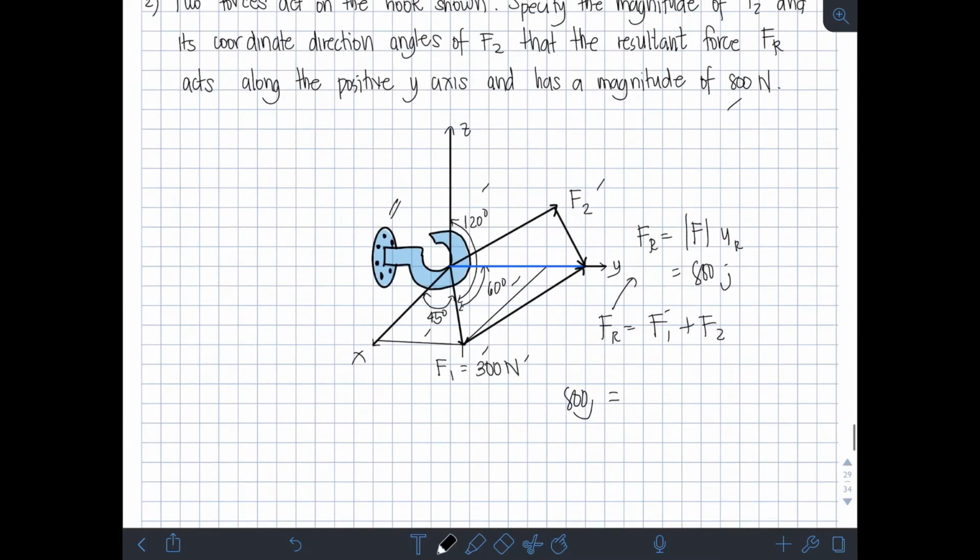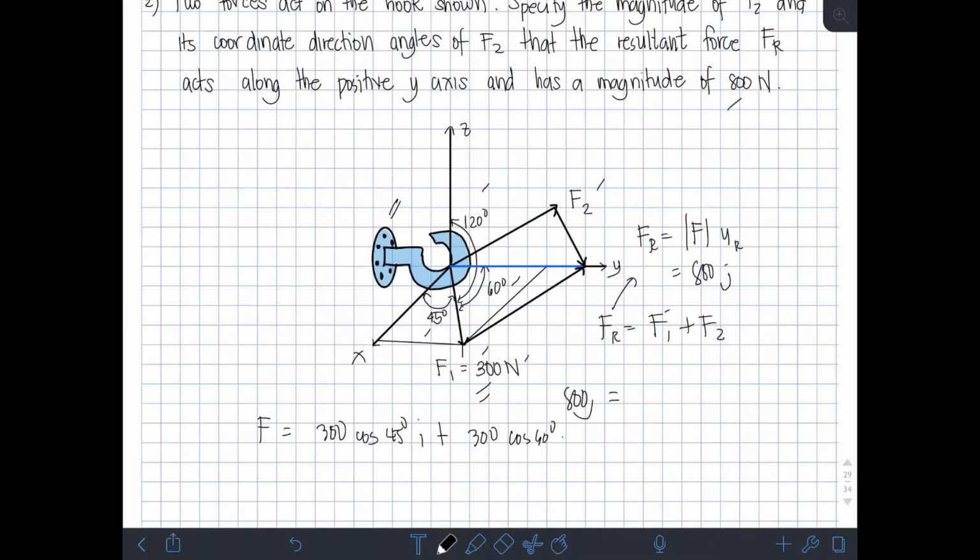Okay? So, meron na tayong 800j equal to itong F1. So, mahanap natin yung pinaka-Cartesian vector nitong F1 kasi meron tayong magnitude tsaka yung mga theta x, theta y, tsaka theta z niya. So, applying yung formula kanina sa example 1, so F is equal to, ano yung magnitude? 300 times cosine theta x, 45 degree, right? Times i plus 300 ulit, magnitude times cosine theta y, ano yun? 60.